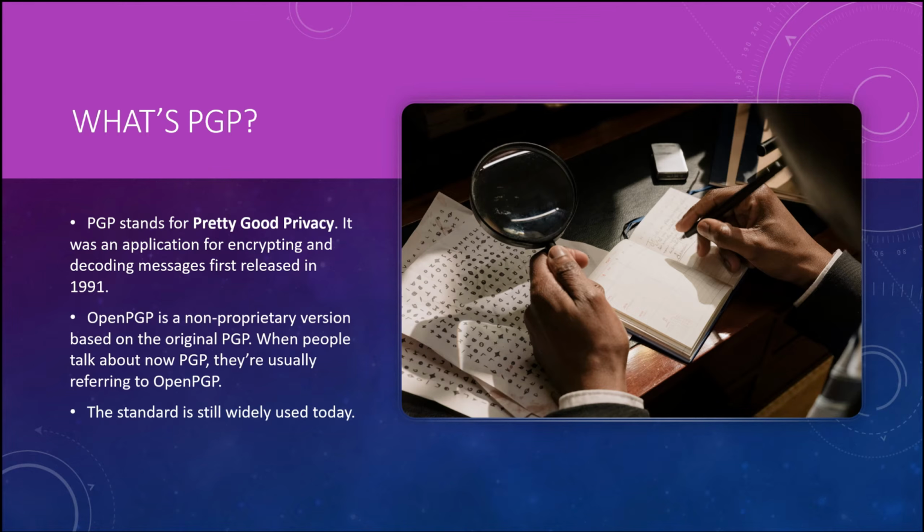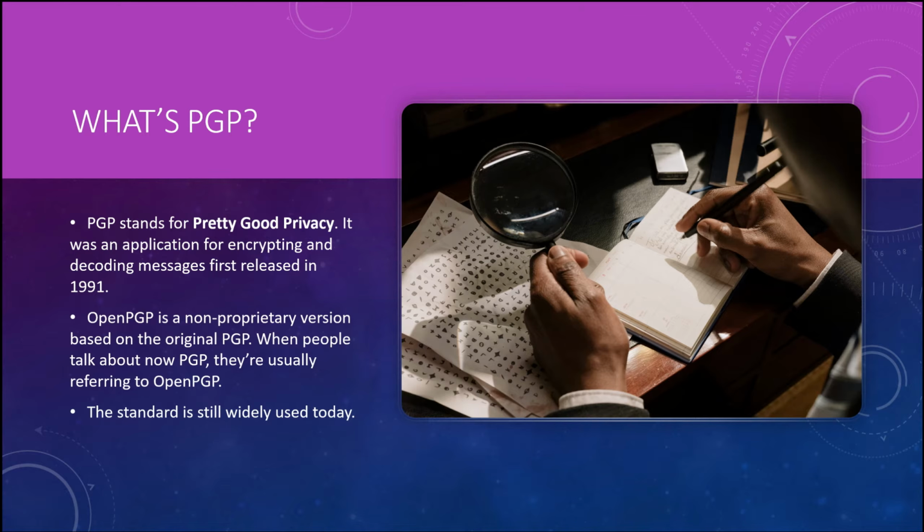All right, let's begin. So what is PGP? Well, PGP stands for Pretty Good Privacy. It was an application for encrypting and decoding messages, first released in 1991, mostly used in email. So basically, it's a way to encrypt and decrypt things. OpenPGP is a non-proprietary version based on the original PGP.